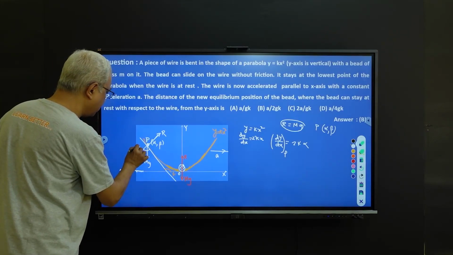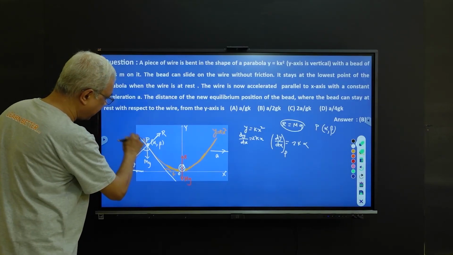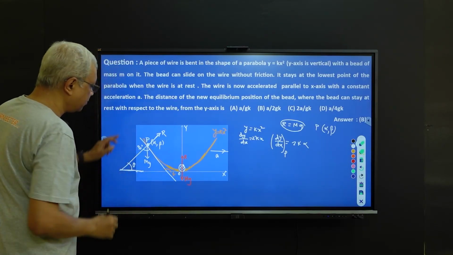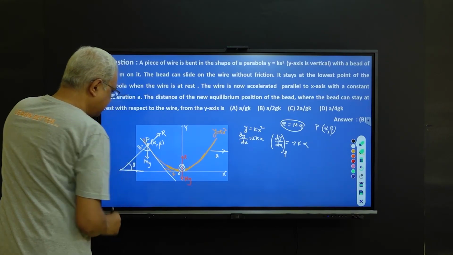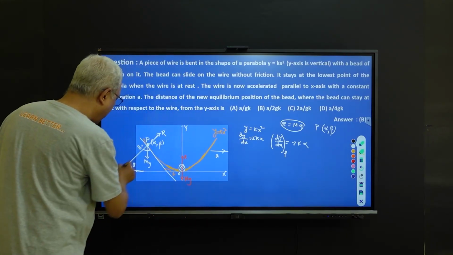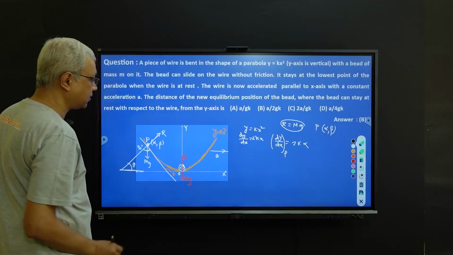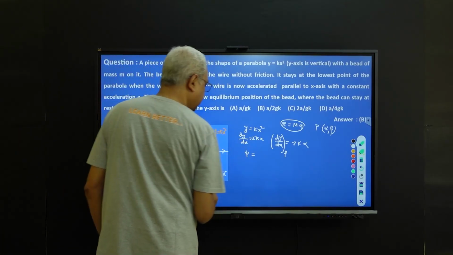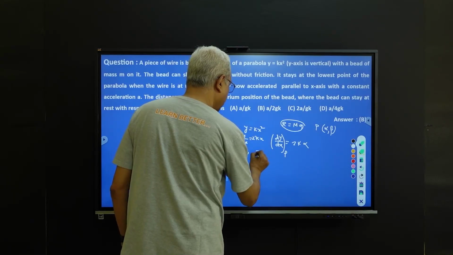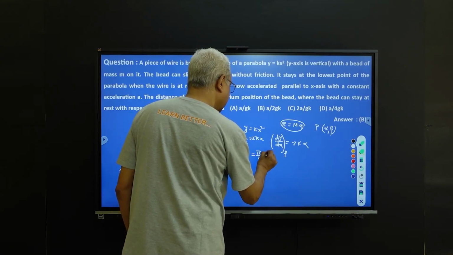There is no doubt, because this is the angle between the tangent and normal to the parabola at the point P. So the normal makes an angle theta with the positive x-axis, and I can write psi equal to pi by 2 plus theta.